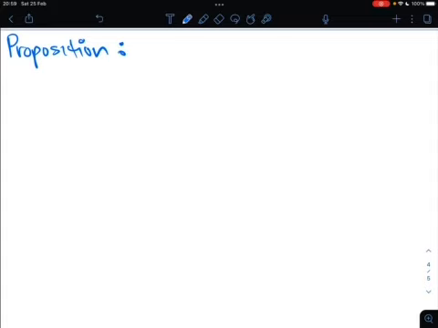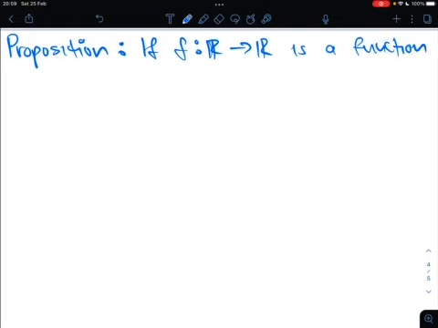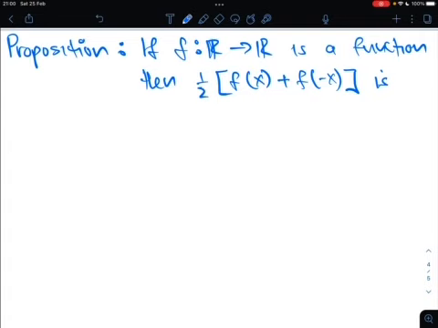If f, let's talk about functions from real numbers, is a function, then half of f of x plus f of minus x is an even function.